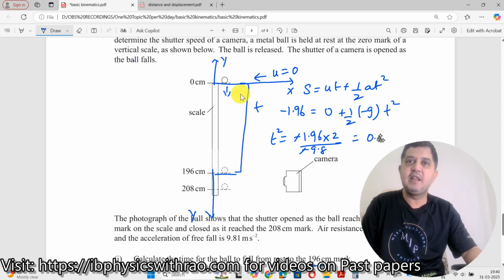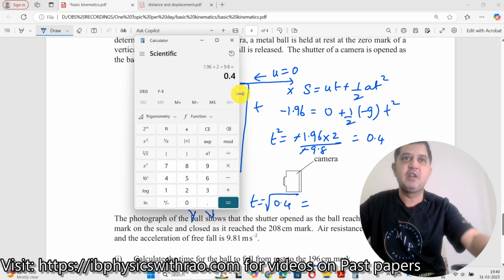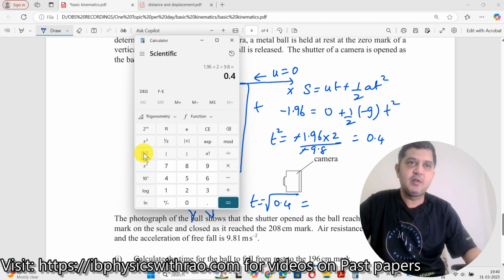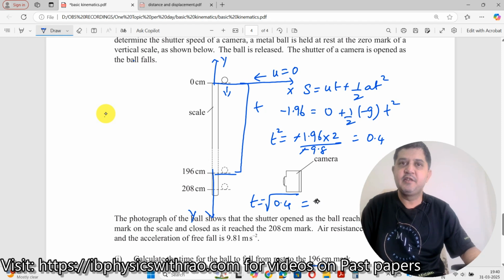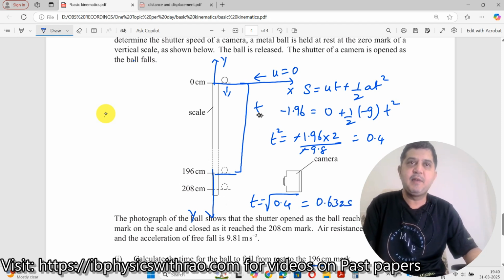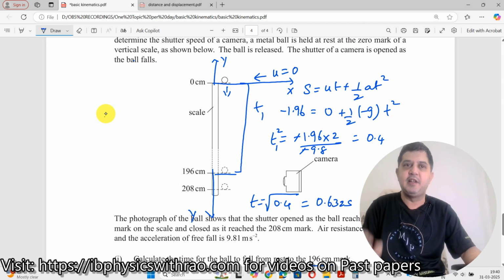So t square equals 0.4, and t is equal to the square root of 0.4, which is 0.632 seconds. Let me call this T1. The time taken by the ball to start from here and reach here is 0.632 seconds.